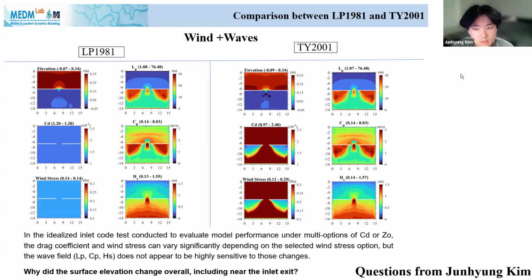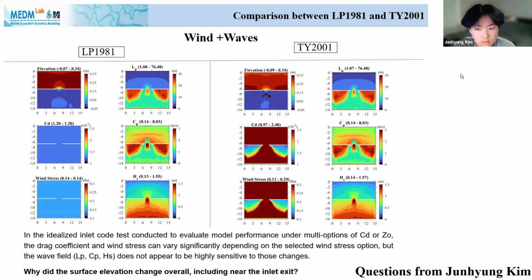From the results, the TY shows almost twice larger CD than LP, and the wind stress is also much larger. So we can know that the drag coefficient and wind stress change a lot depending on the options. But the wave fields, LP, CP, and HS on the right side, did not change much between the two cases.